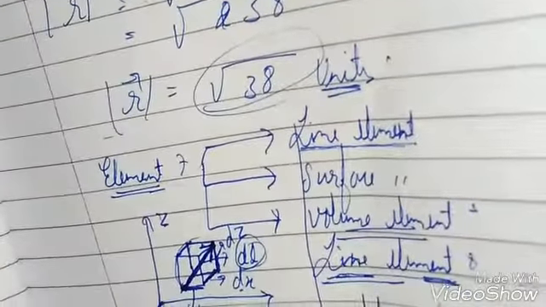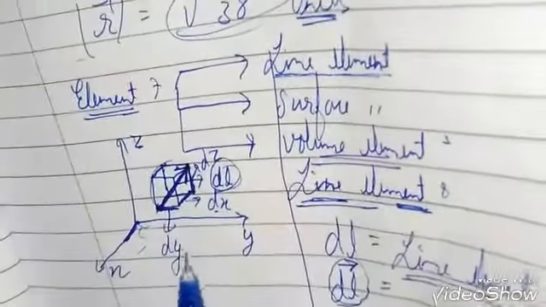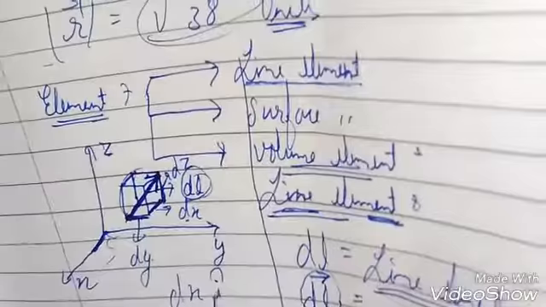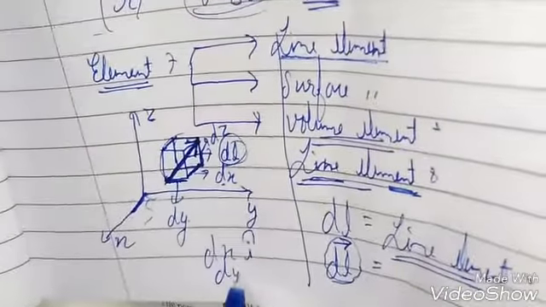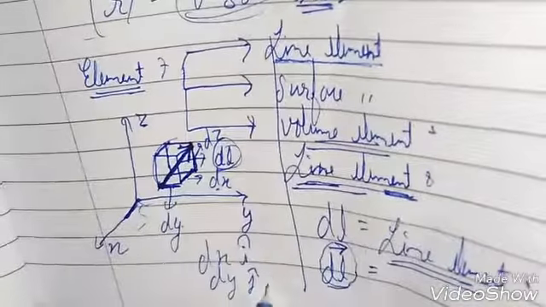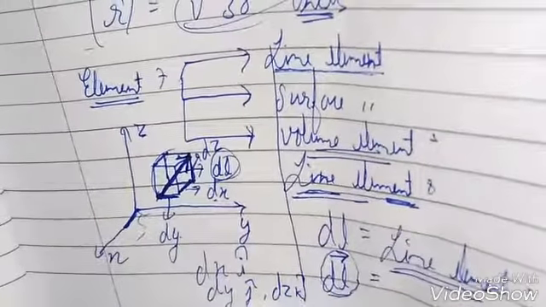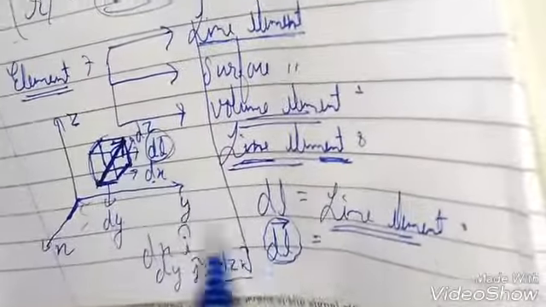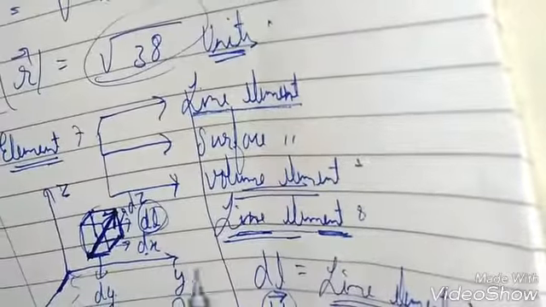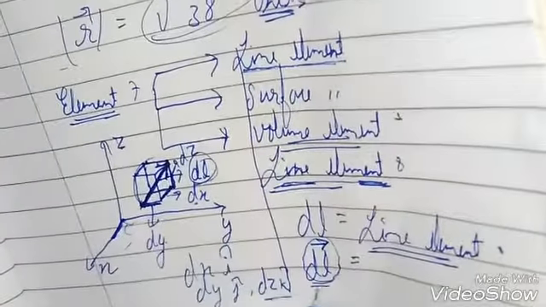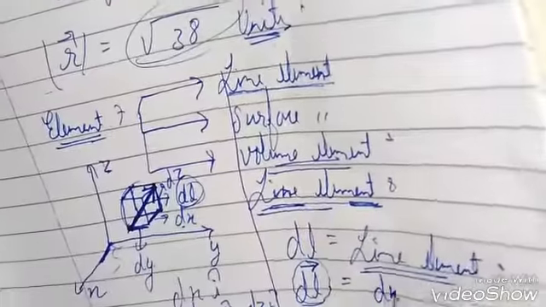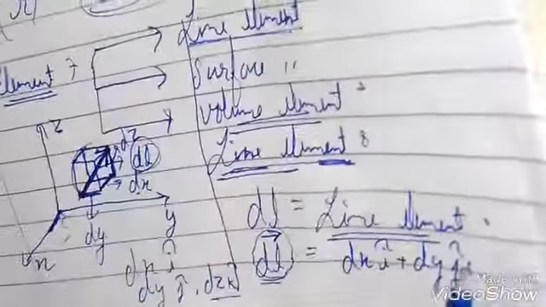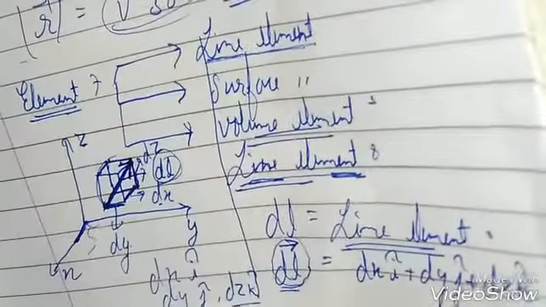If we want to write a vector expression of these lengths, then we can simply write them as dx i cap, small length along x-axis, dy j cap, small length along y-axis, and dz k cap will represent a small length along z-axis. In the same manner, we can write dl vector is equal to dx i cap plus dy j cap plus dz k cap.